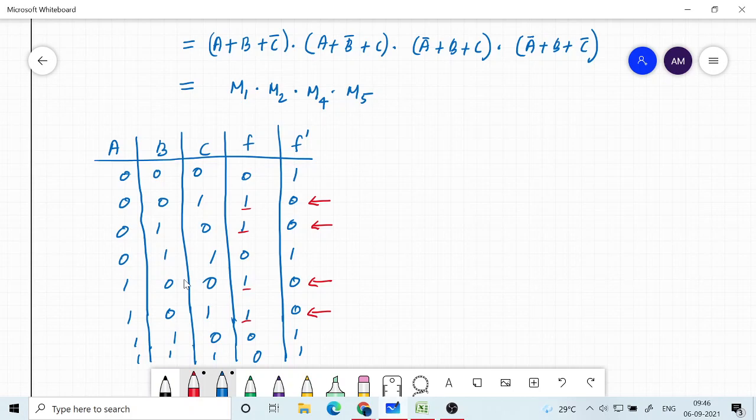Okay, now so what did we show? What we showed is basically, if we start with the min terms of F, and then take the complement, we will get an expression which is in max term form, where all the zeros which are in F complement will be denoted by using max term.